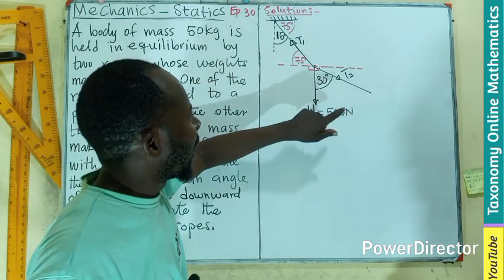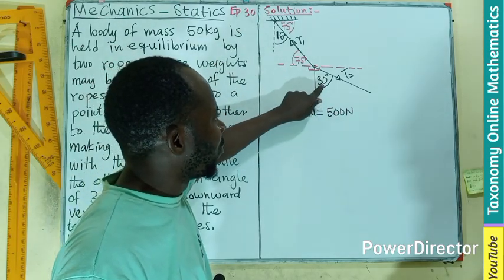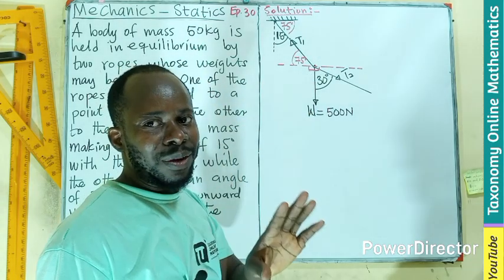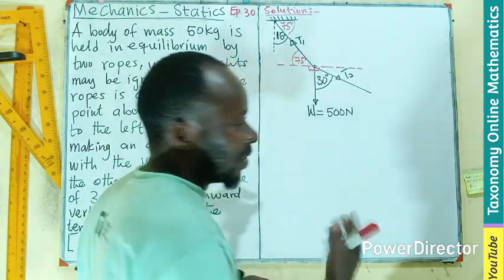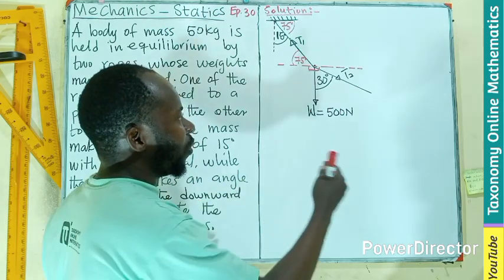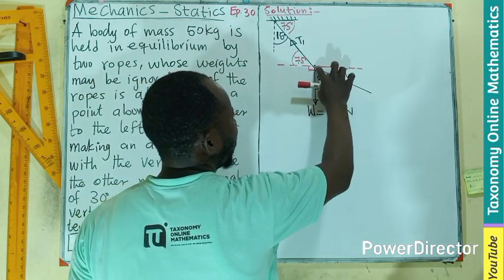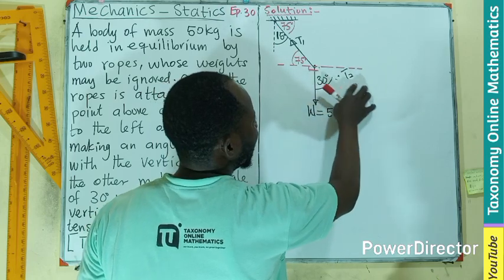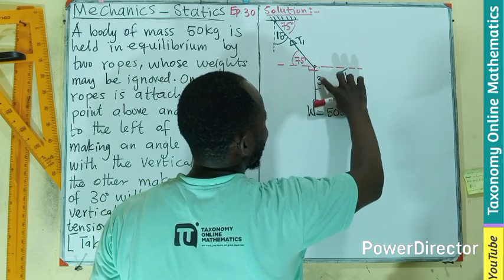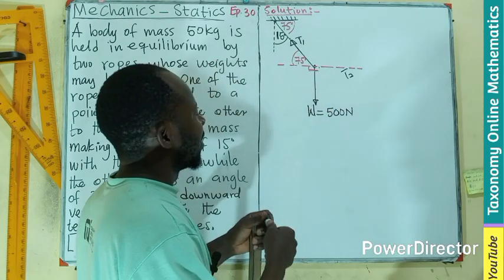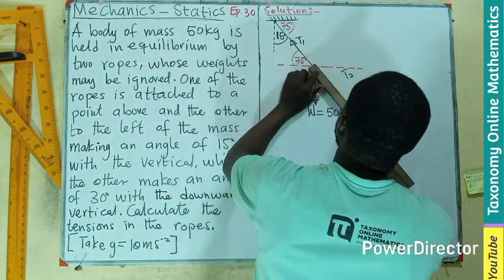Then if here is 30, here is 60. Remember, not drawn to scale, so don't judge my diagram. If I bring the 30 closer, it will be reasonable to call the other side 60.